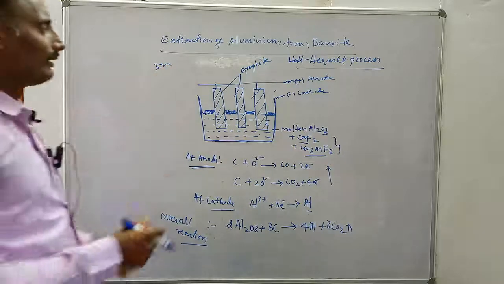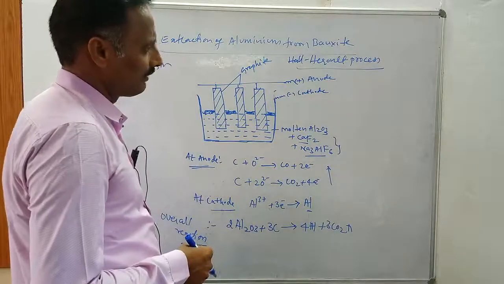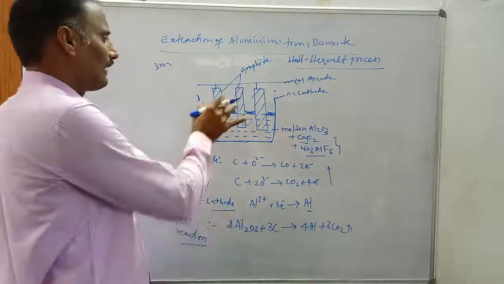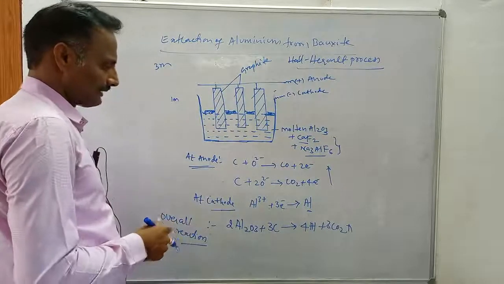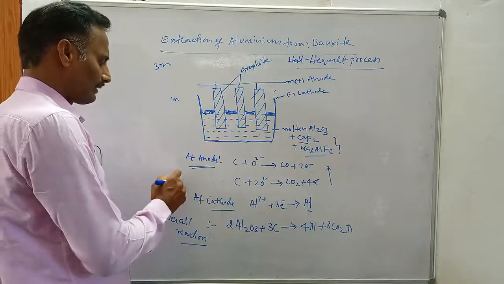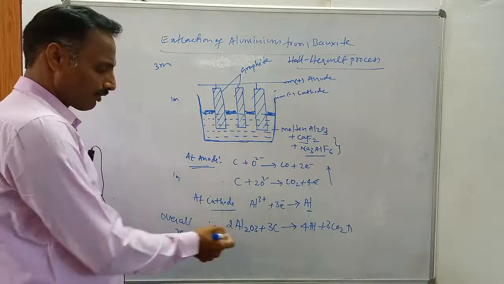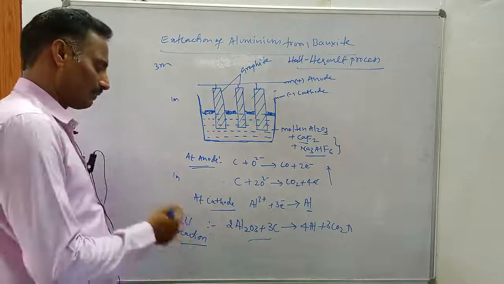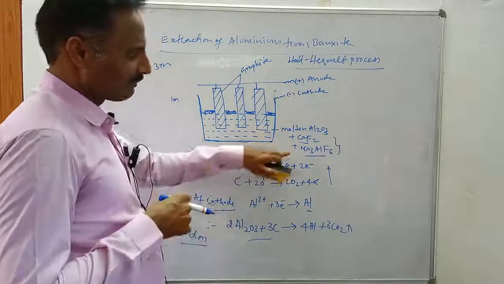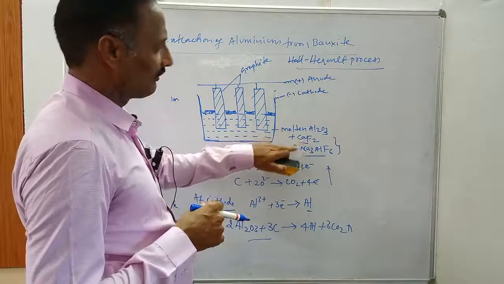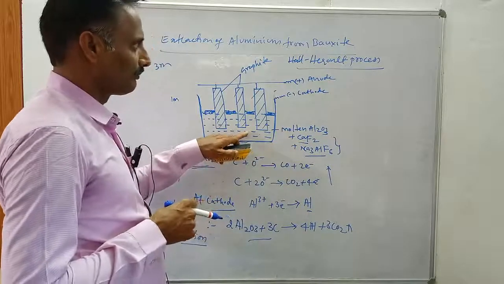Sometimes for weightage, the diagram carries 1 mark with labelling, and the anode reaction and cathode reaction carry 1 mark. Sometimes they ask about the overall reaction, which carries 1 mark. Instead of the overall reaction, sometimes they ask what is the role of cryolite and CaF2 in the extraction of aluminium by the Hall-Héroult process.